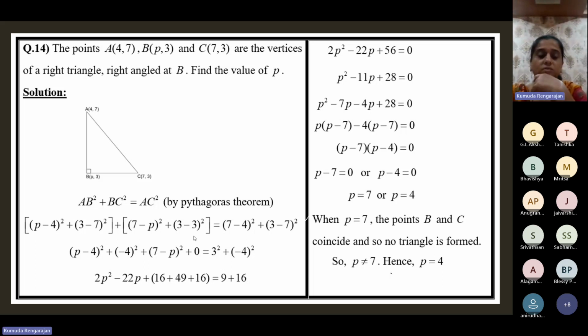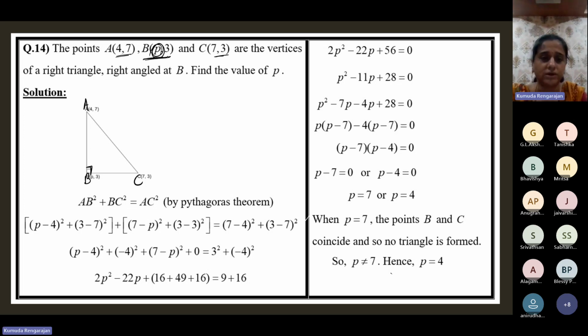Okay, so here are the vertices of a right angle triangle, right angled at B. So you can see the figure here. Right triangle ABC, right angled at B. You can see we have the coordinates of A and C, but in the coordinates of B, the x coordinate is not known.